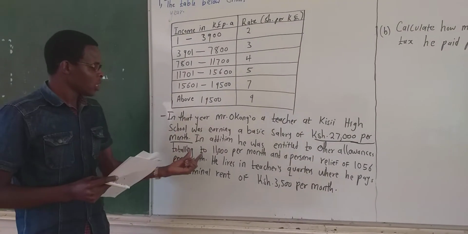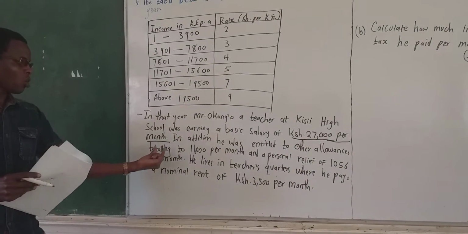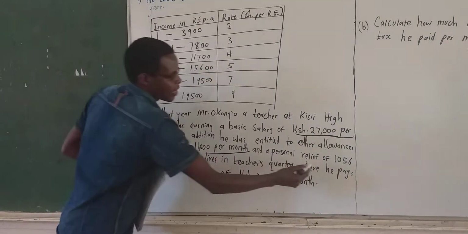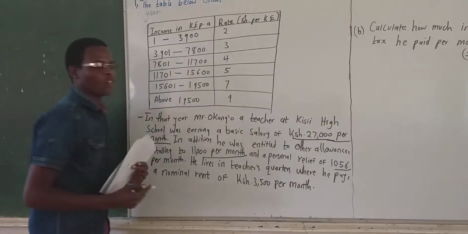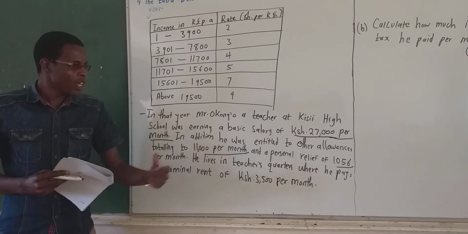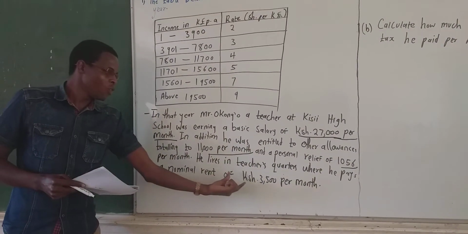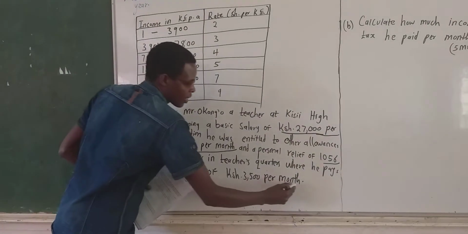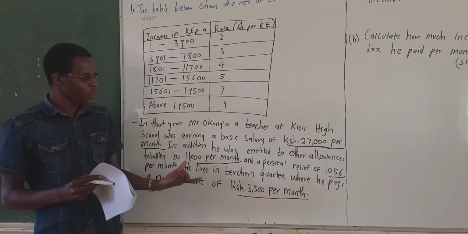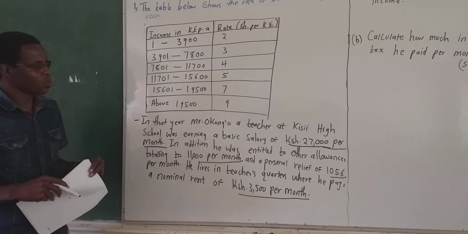In addition, he was entitled to other allowances totaling 11,000 per month, and he had a personal relief of 1056 per month. He lives in a teacher's quarters, paying a nominal rent of 3,500 per month. As you can see, I'm just highlighting the key issues we are going to use in order to narrow down this question to the calculation.